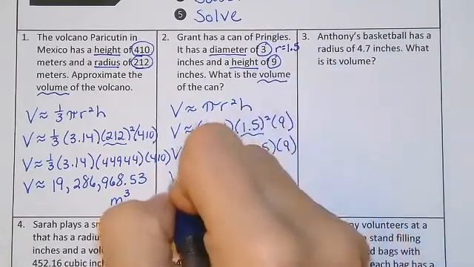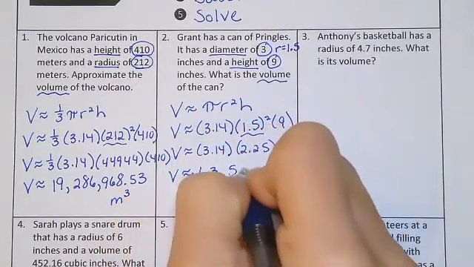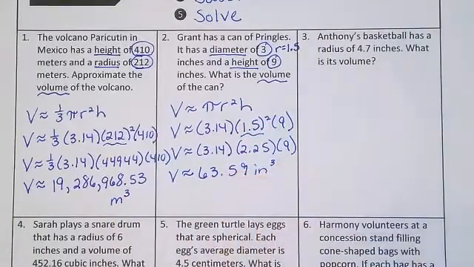Okay, multiply those together. The volume of the Pringles can is 63.59 cubic inches.